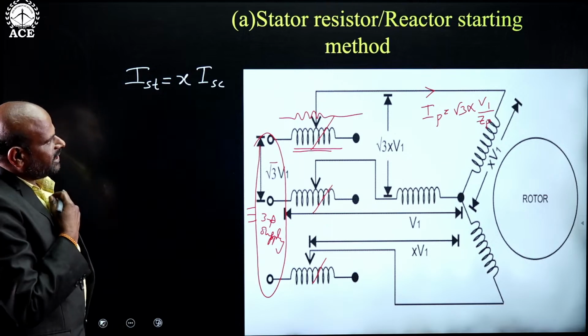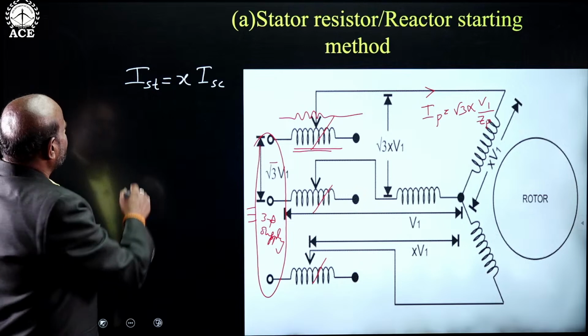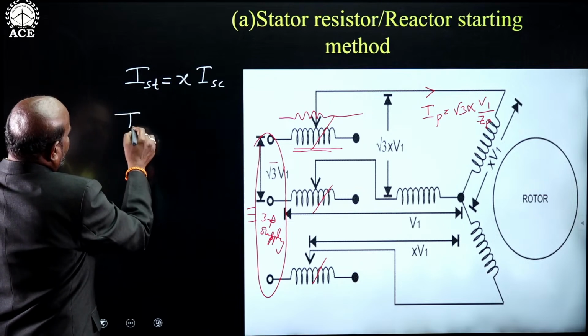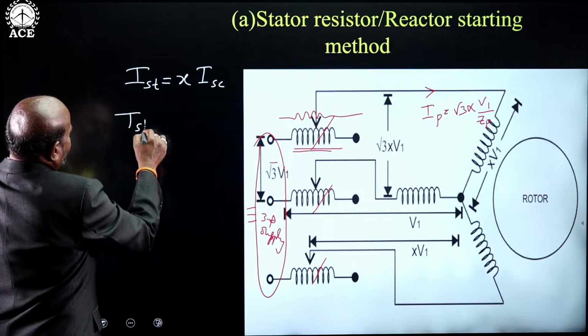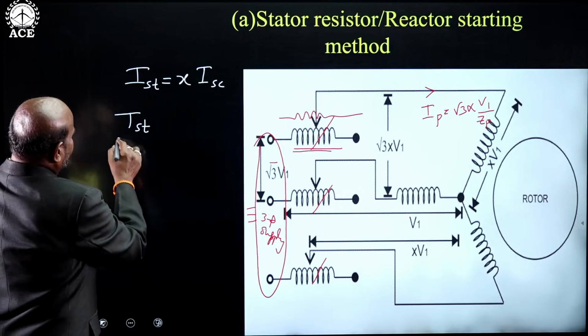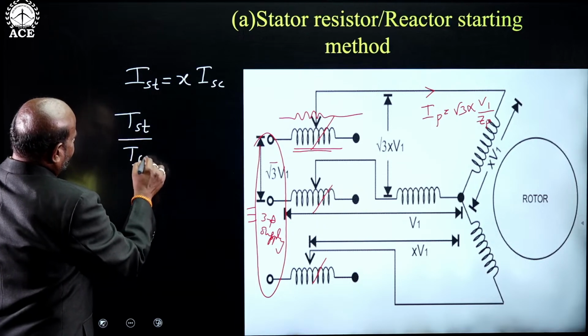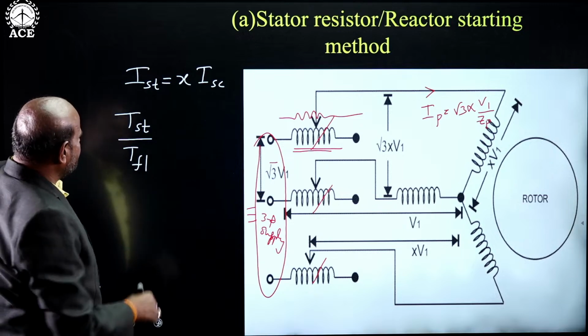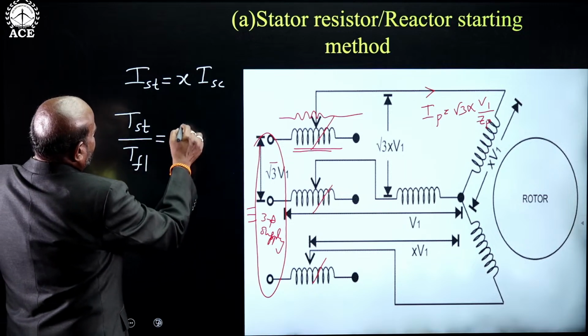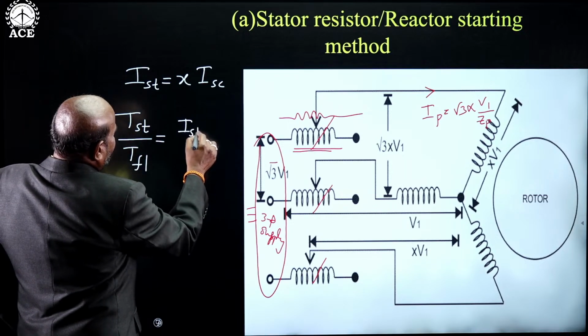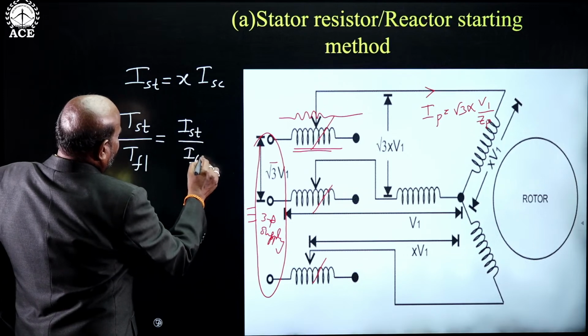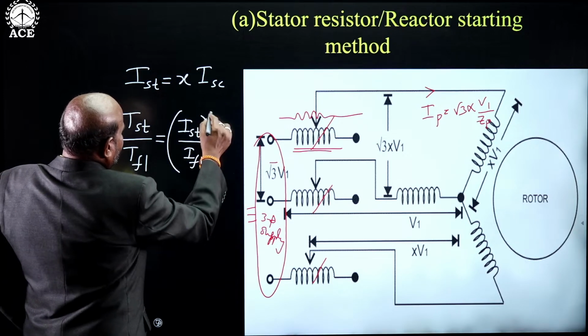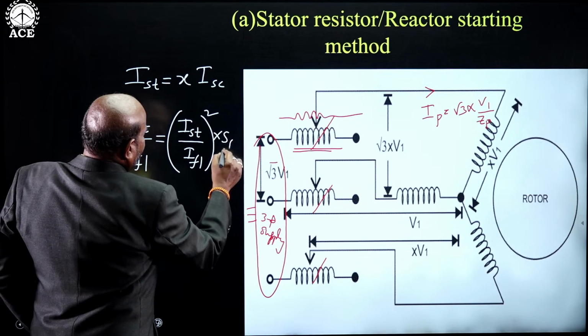Then what about the starting torque and full load torque? The ratio of starting torque to full load torque is given by the relation (IST by IFL) whole square into SFL.